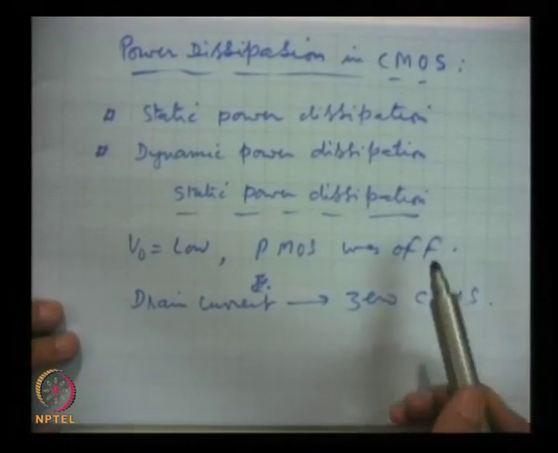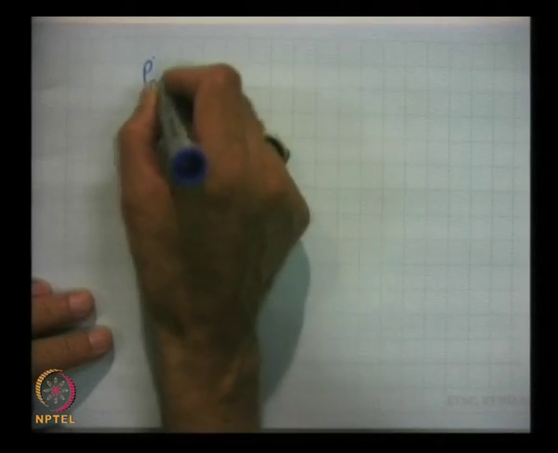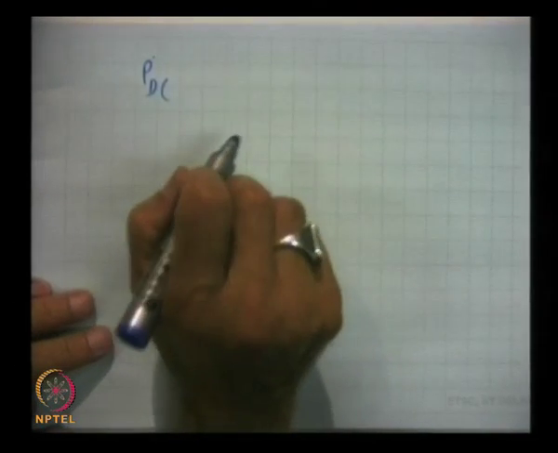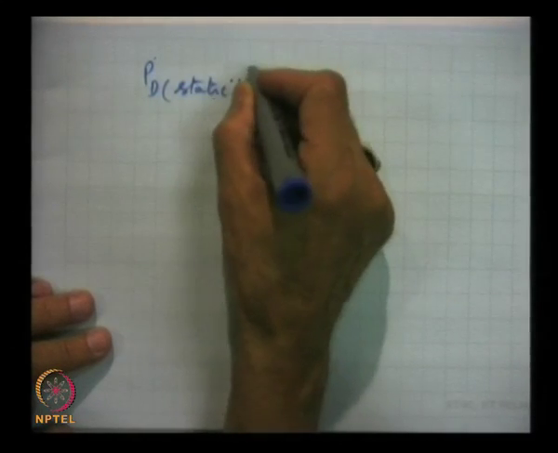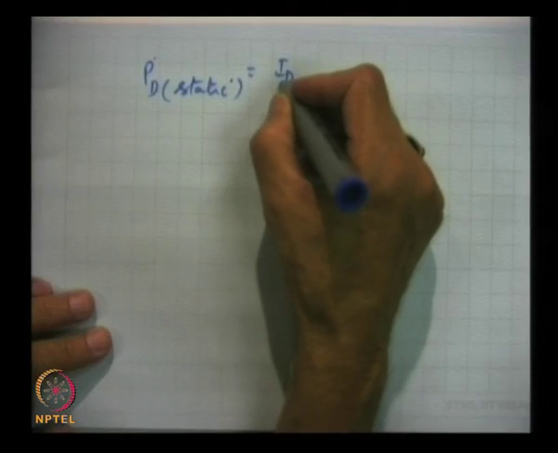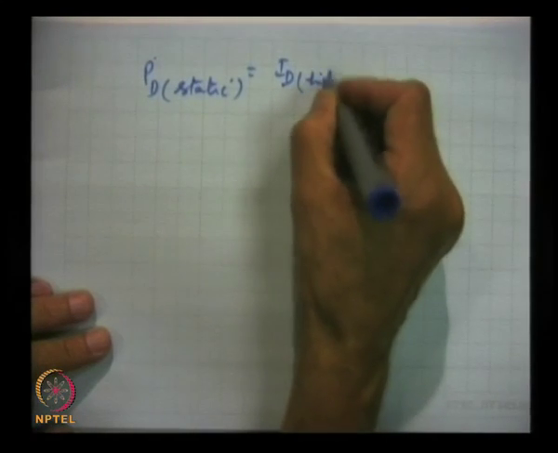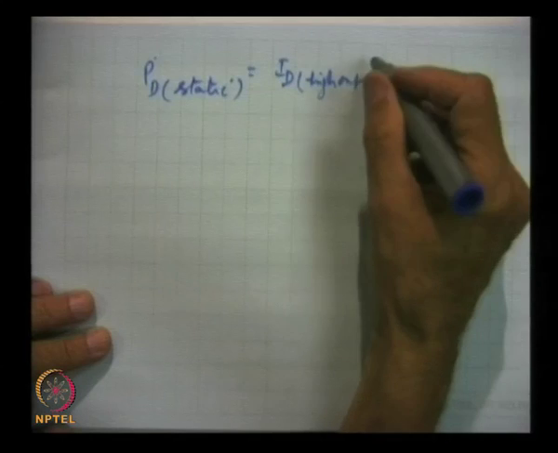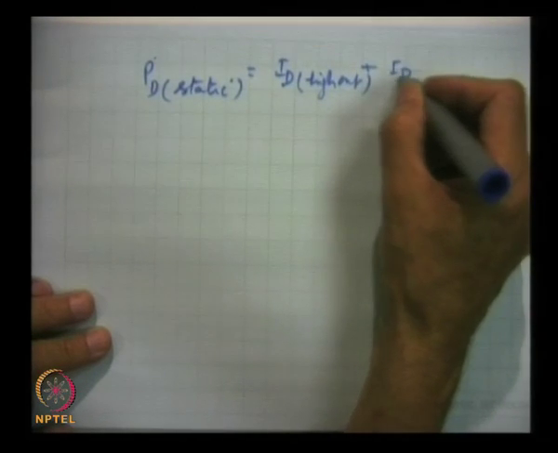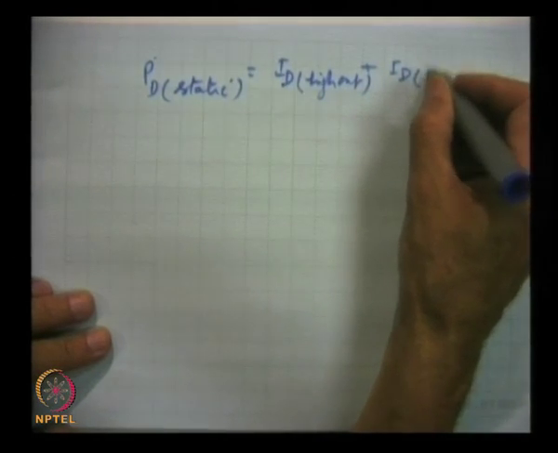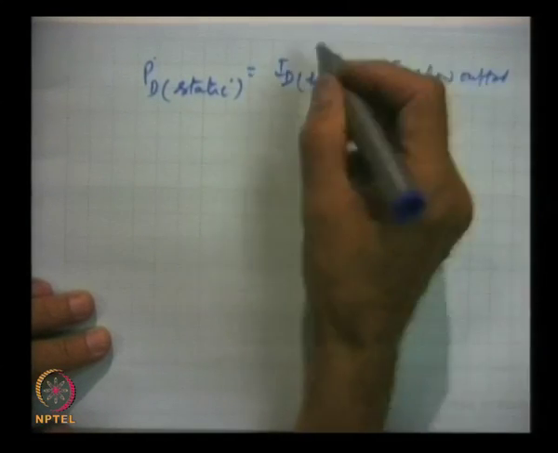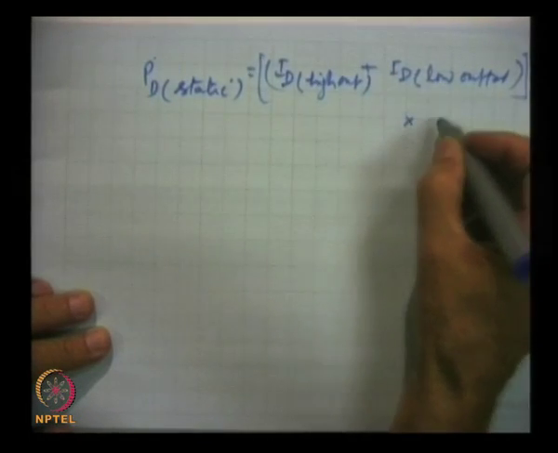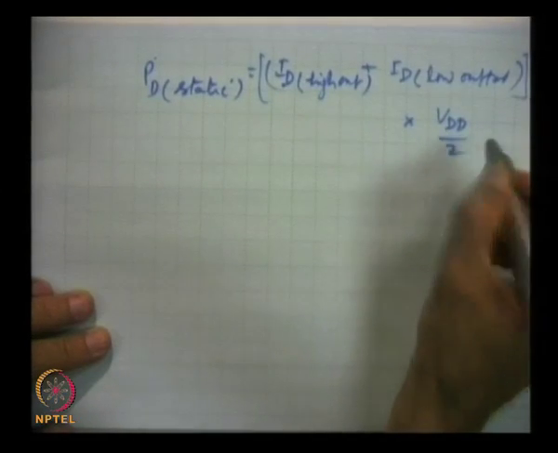So, the static power dissipation, power dissipation we write normally as PD static, and this is drain current in the high output case, which was 0 as we know, and ID low output, in this case as well this was 0, and this is to be multiplied by VDD by 2.